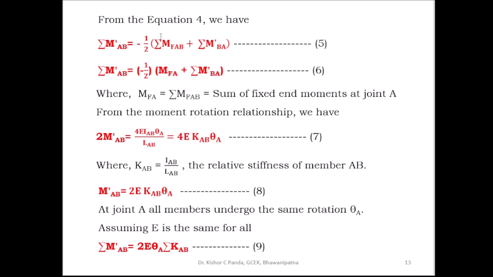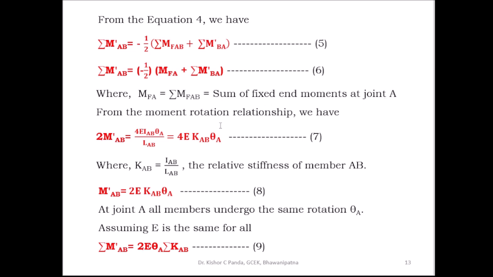At joint A, there are 4 members meeting, so you have to take the fixed end moments of all the members meeting at joint A. So summation of MFAB is equal to MFA, the sum of fixed end moments at joint A.